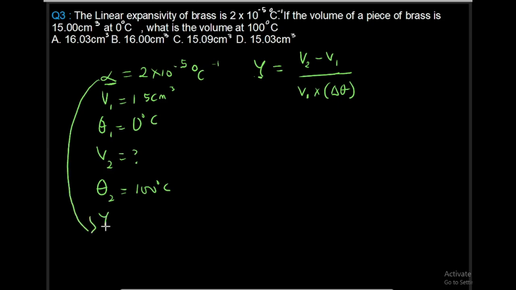Now recall, we said volume expansivity is equal to 3 times linear expansivity. So we're going to have this equals 3 times 2 multiplied by 10 raised to the power of minus 5.